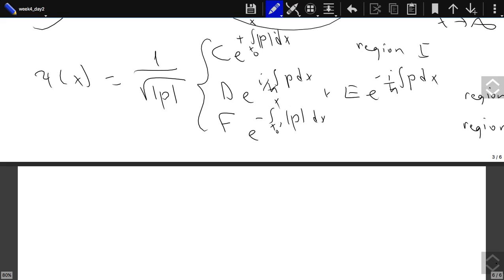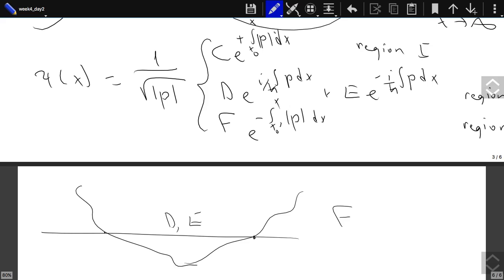Here we have the solution with the parameters D and E. On the other side, we have the solution with F. And here we have the solution which depends on C. So we want to be using this WKB solution to match D, E, and F.